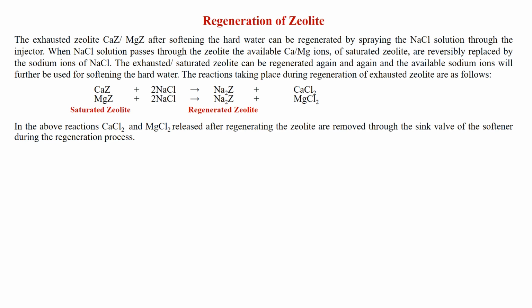When this brine solution passes through the zeolite, the available calcium and magnesium ions in the saturated zeolite are reversibly replaced by the sodium ions of the NaCl brine solution. The exhausted or saturated zeolite can be regenerated again and again, and the available sodium ions will further be used for softening the hard water.